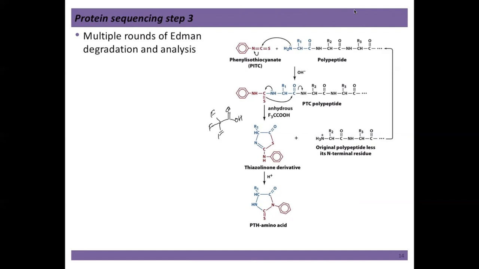If you treat this modified polypeptide with the trifluoroacetic acid, what happens is you get a rearrangement and you get this thiazolinone derivative.